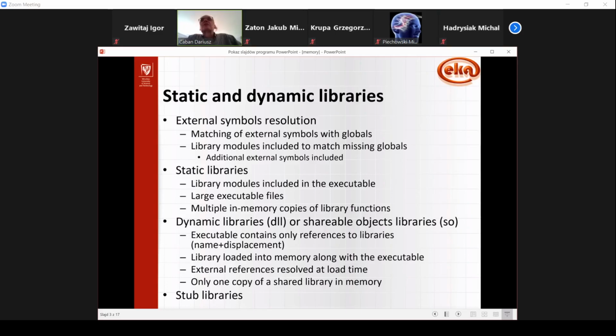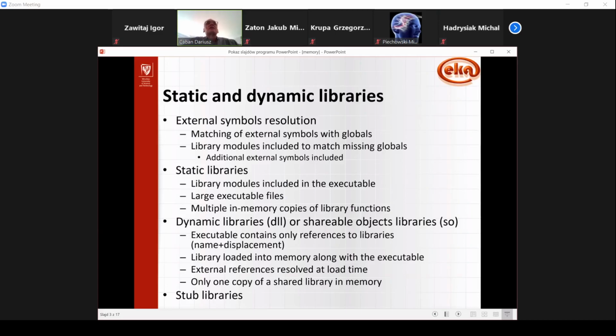Static libraries are analyzed during linking of a program, and a program which is already linked to the executable doesn't know what static library each function, each code was extracted from, because that's not important. What it does know is that there is a copy of the necessary modules inside your executable.